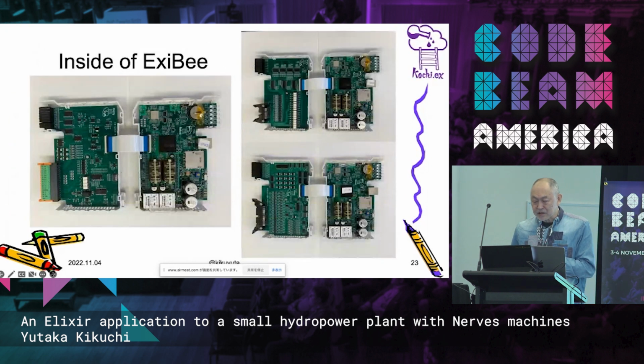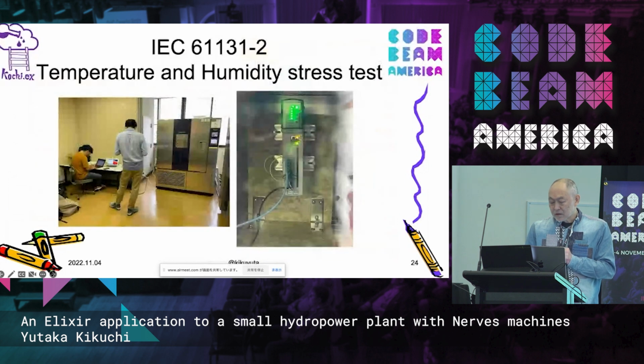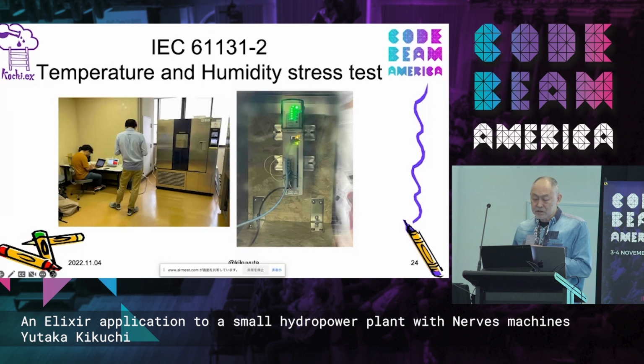The left-hand side is inside of the combo module. Upper right is the digital I/O module, and the lower is the inside of analog I/O modules. And we checked with stress tests that include higher temperatures, lower temperature, and higher humidity according to the IEC standard, IEC 61131-2.